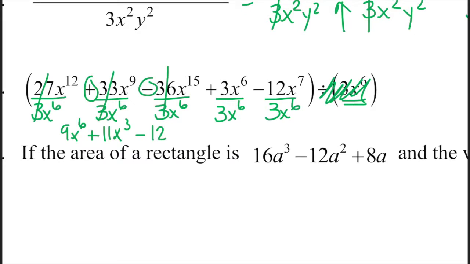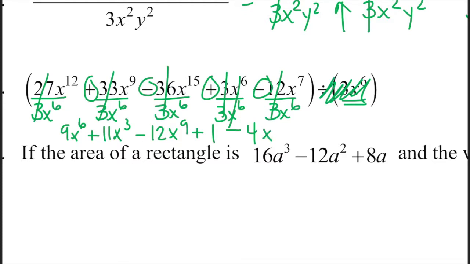X to the 15th divided by x to the 6th is x to the 9th. Keep this plus. 3 divided by 3 is 1. X to the 6th divided by x to the 6th is also 1. So I just have to put a 1 there. Keep the minus sign. 12 divided by 3 is 4. X to the 7th divided by x to the 6th is x to the 1st power.